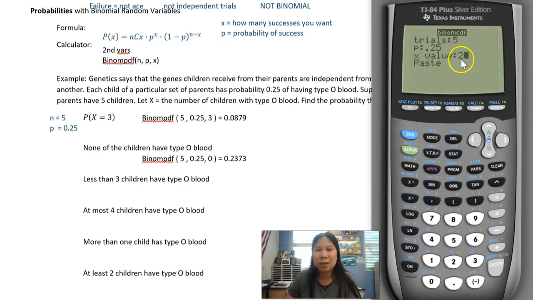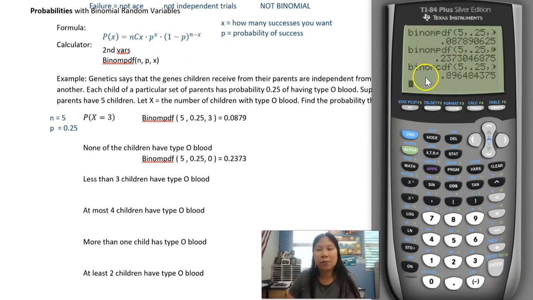And that's how you tell it when to stop. So we're telling our calculator, I only want numbers up until 2, and then add them up for me. So when I hit enter, it's done that. Just notice how it's a much bigger probability because it added up a bunch of probabilities for you. So this is the shortcut for when you have to add things together.